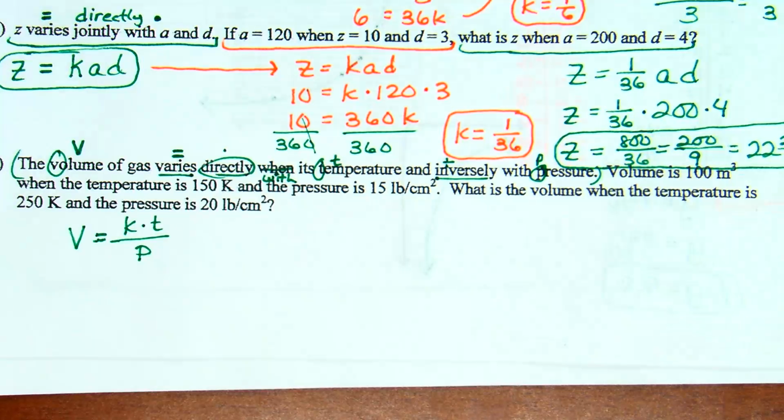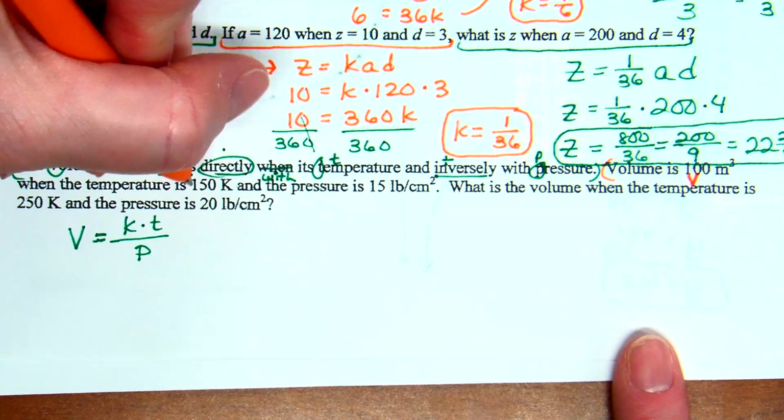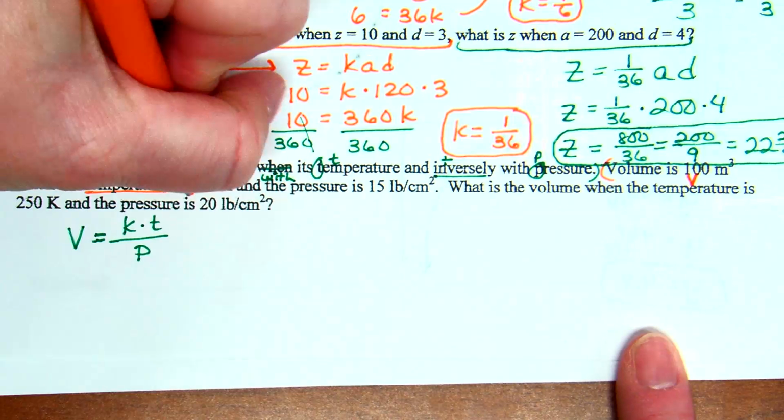So can we use our equation to find K? It's V equals KT over P. V is 100. K times T is 150, divided by pressure, which is 15. Are you okay with what I did? Okay.